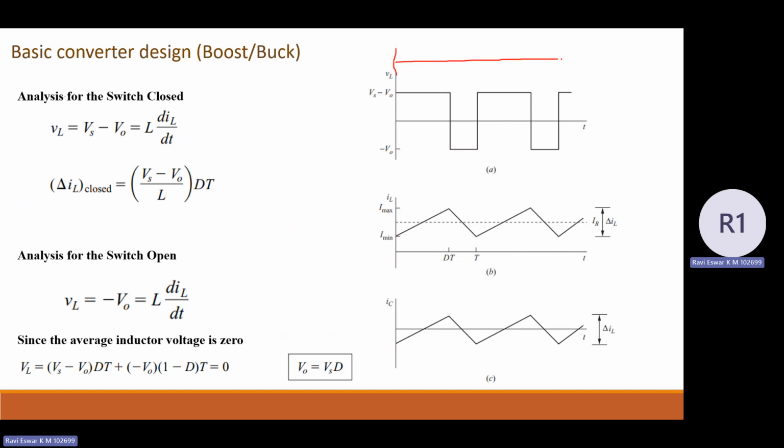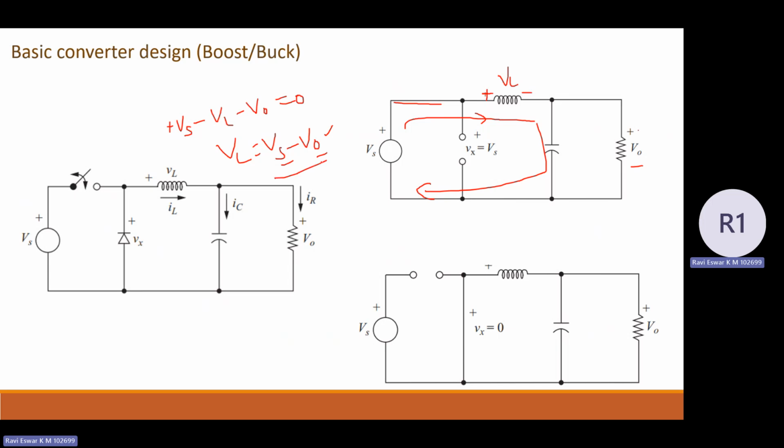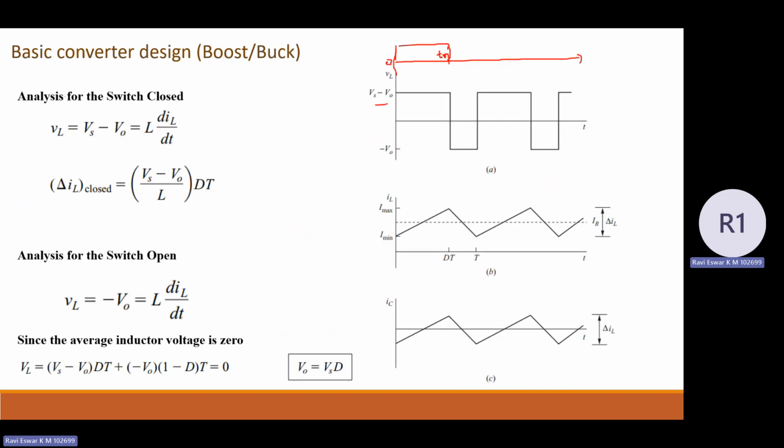As I can see here, 0 to Ton, the switch is turned on. The voltage across the inductor is going to be Vs minus V0. So the inductor is in charging state.